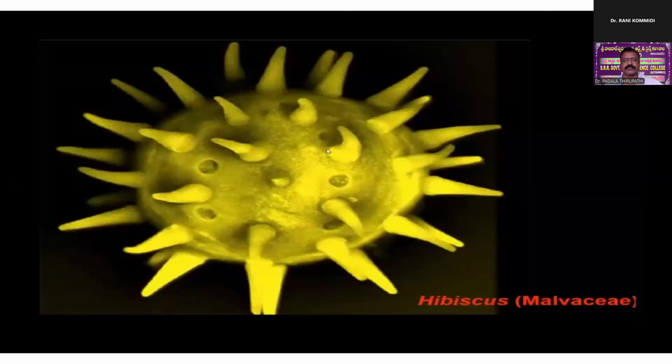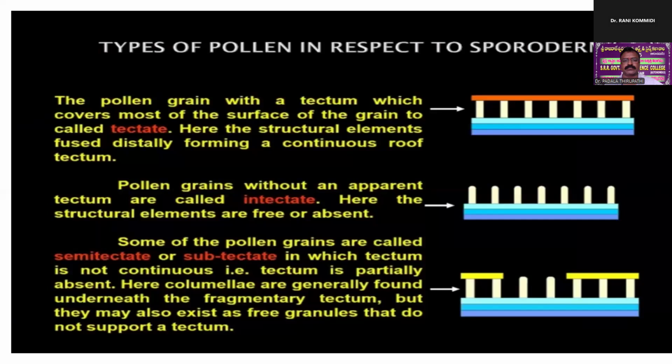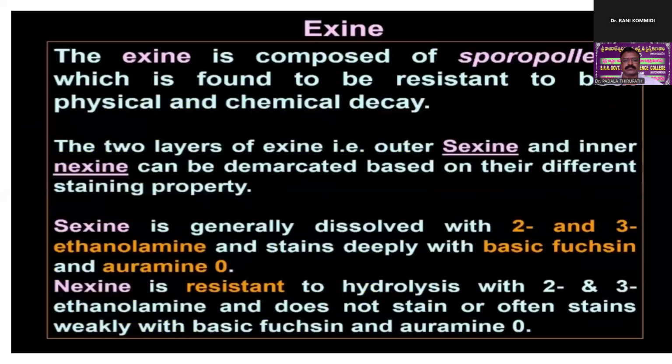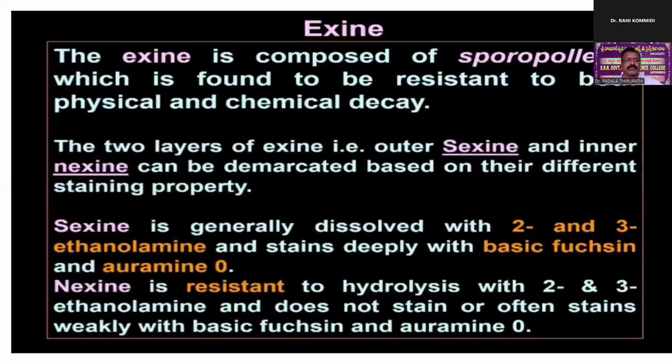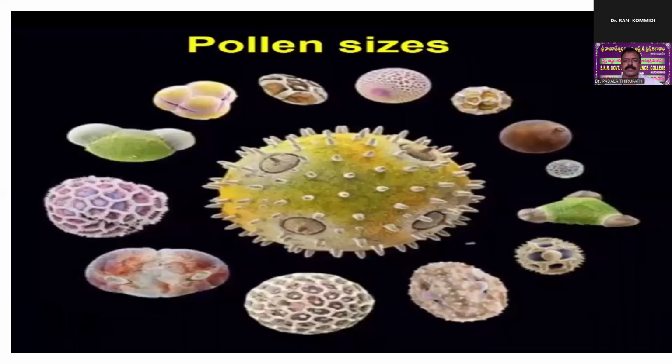Also the sporoderm, that means the pollen wall, its chemical composition: what is exine, intine, and which chemical is used in the sporoderm, sporopollenin. The outer layer exine is also divided into sexine and nexine. Sexine is divided into ectosexine and endosexine, and nexine into nexine 1 and nexine 2. This is very important from the entrance exam point of view. With this, I conclude the session.